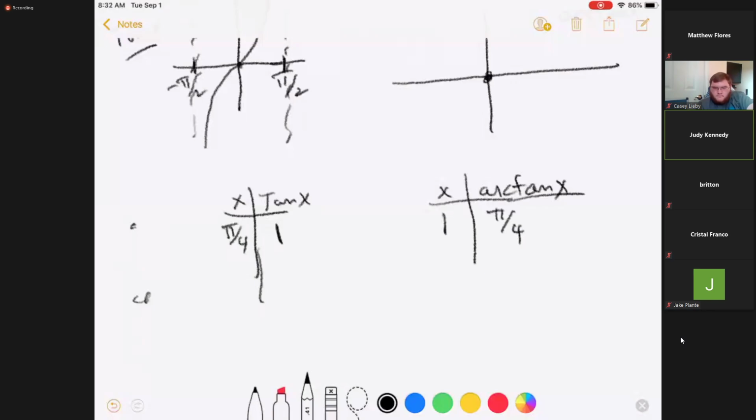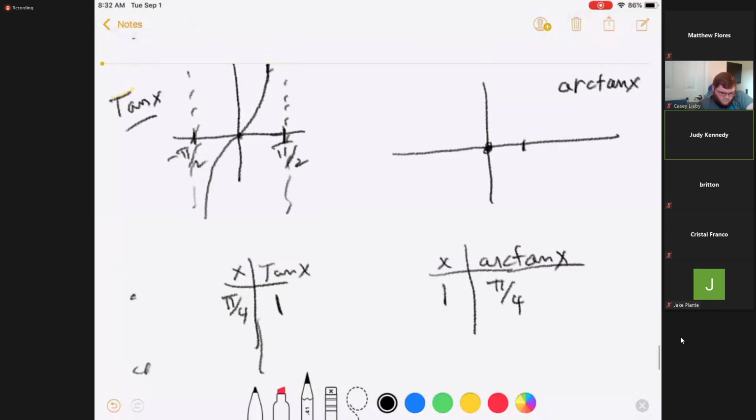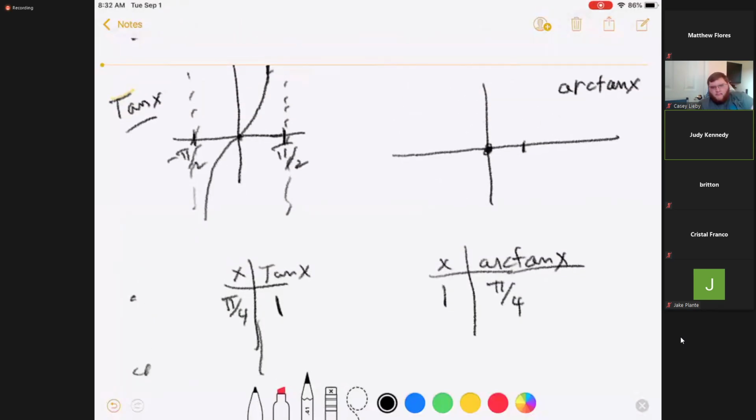Okay. So for x equal to 1, I'll call that pi over 4. That's going to be on my arc tangent.